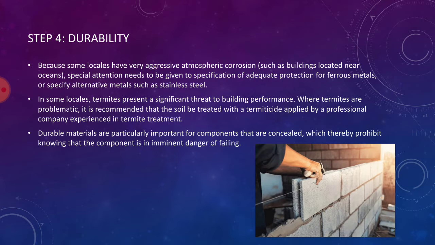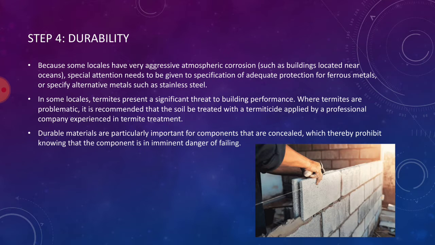Step 4, durability. This is another very important step, because it incorporates the specifications of the materials that will be used in the building to make it wind resistant, as well as give it adequate strength and protection, such as the ferrous metals that will be used in any building. And ferrous metals, as we all know, are prone to corrosion or rust.